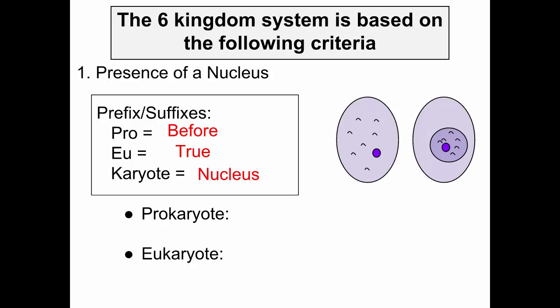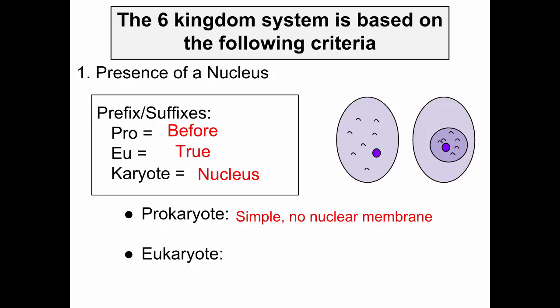So what do you think prokaryote means? Which cell would be a prokaryote? Yeah, the one on the left. A prokaryote is a cell that's very simple. It doesn't have a nuclear membrane and doesn't have other membrane-bound organelles like mitochondria.